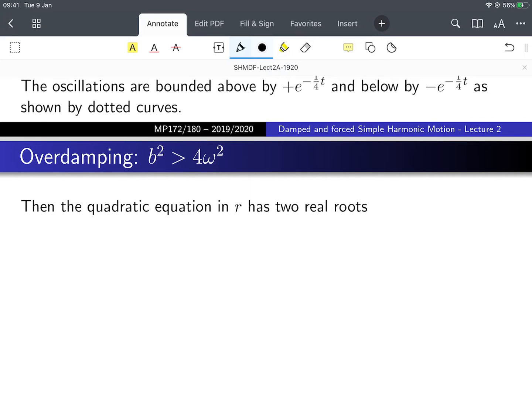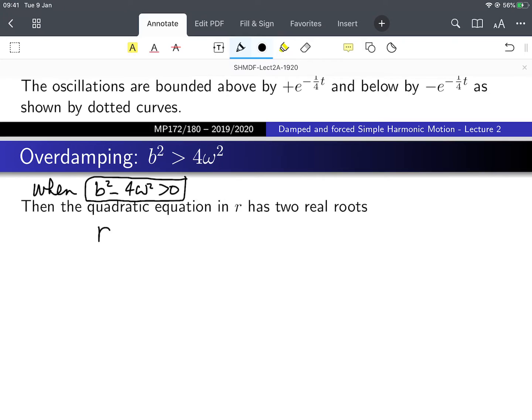Next case, what happens when the discriminant, writing here, when b squared minus 4 omega squared is positive? Then you know that the quadratic equation has two real roots.